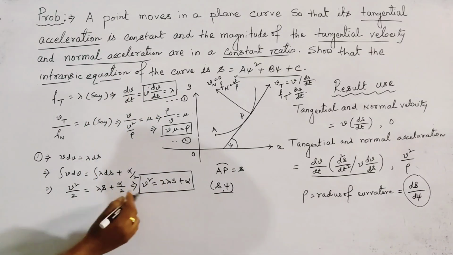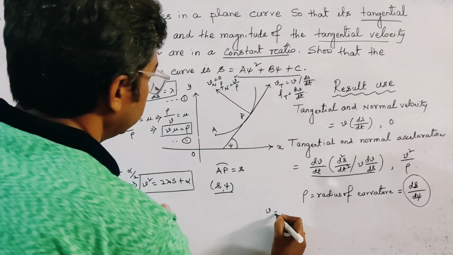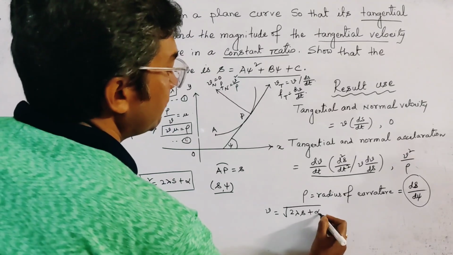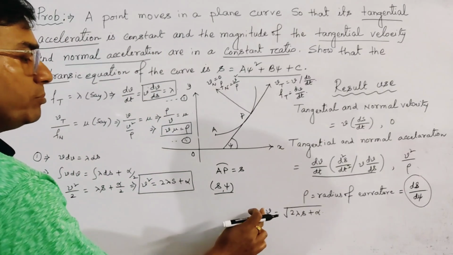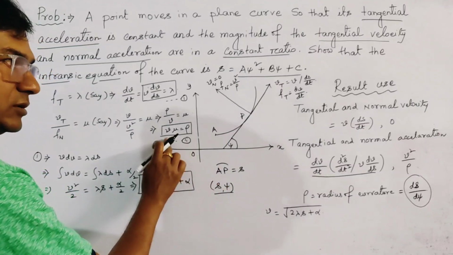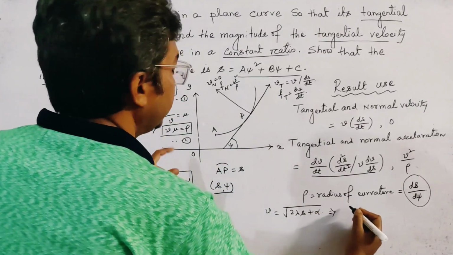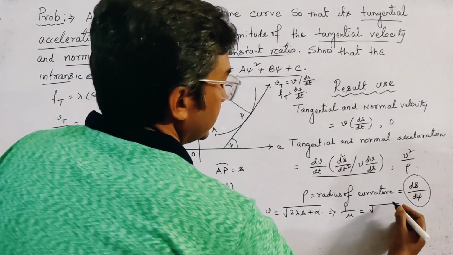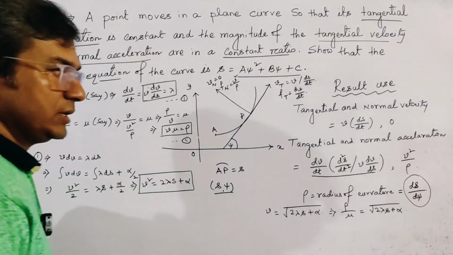So V is root under 2 lambda s plus alpha. Now we put the value of V from relation 2 and get rho by mu equals root under 2 lambda s plus alpha.